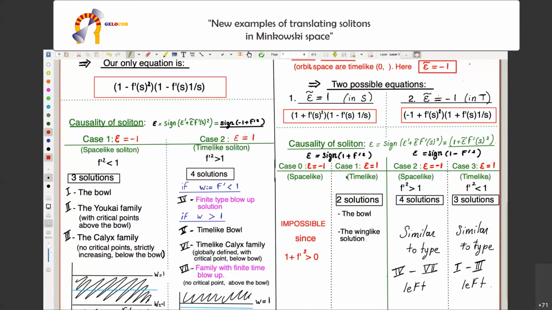In the case where the soliton is time-like, we have 2 solutions, and this is not a surprise because you should recognize this equation. It is the same equation we had for the Riemannian case, which was done by Clutterbuck, Schnürer and Schulze. This is the rotationally invariant case. In the Riemannian case, this is the same equation. So we get again the 2 solutions, the ball and the wing-like solution.